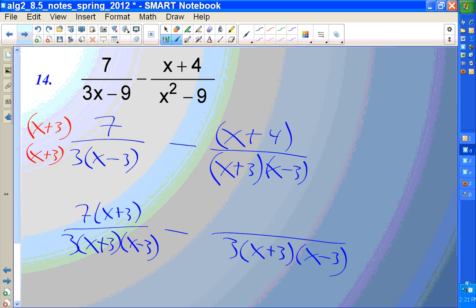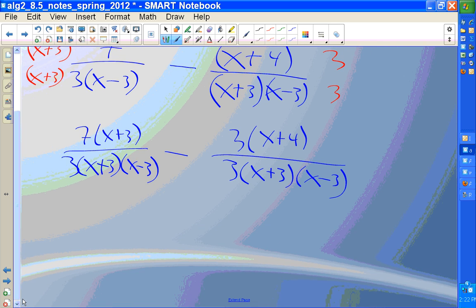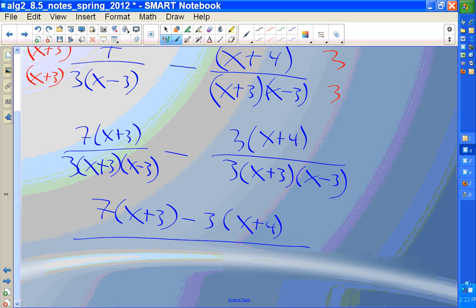So what am I going to multiply by here? 3 top and bottom, right? So we're going to have 3 times x plus 4. Now I'm going to put an extra step in this one just so you can see what's going on. 7 times x plus 3 minus 3 times x plus 4 over your LCD.